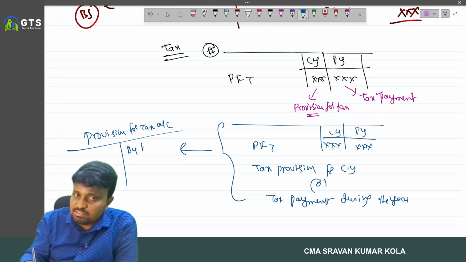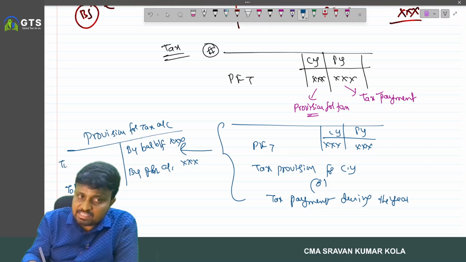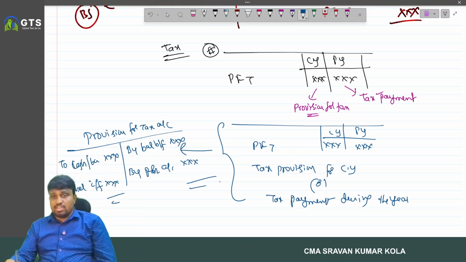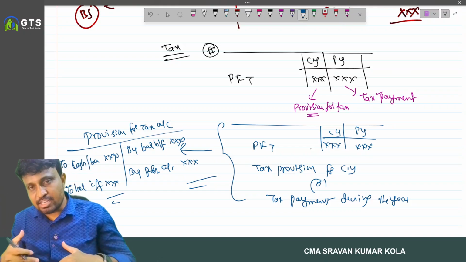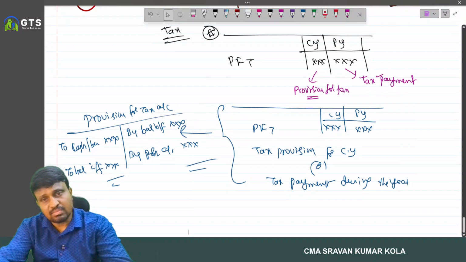First we consider the opening balance and closing balance. By profit and loss account is nothing but the current year provision we created, and to cash or bank is nothing but the amount we paid. So if we have any additional data along with the opening and closing balances, it is better to prepare the provision for tax account.